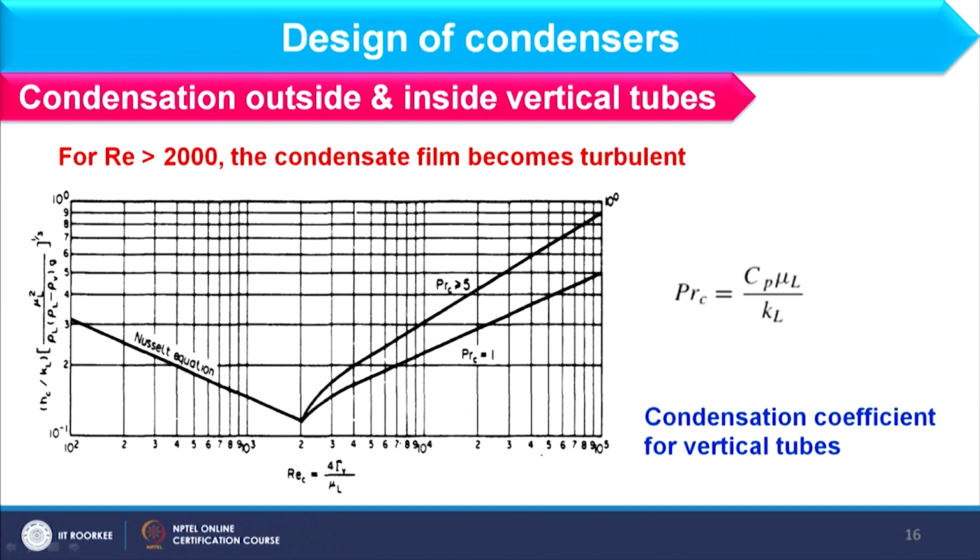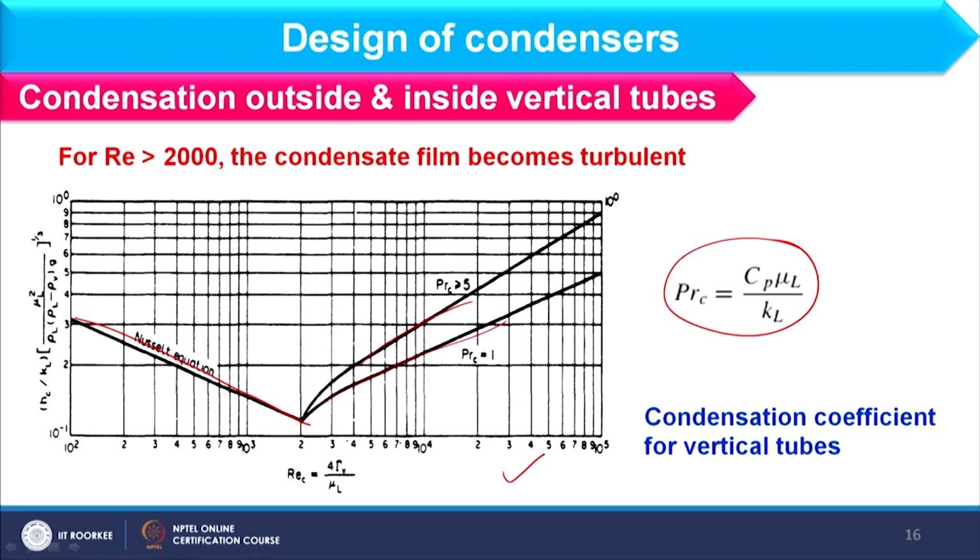However, if I am considering Reynolds number in the turbulent zone, that is, if Reynolds number is more than 2000, we should consider this expression to find out the heat transfer coefficient. Here I also have the Nusselt equation, which is applicable below Reynolds number 2000, and after that it will depend on Prandtl number also. So, Prandtl number you can find out by this.